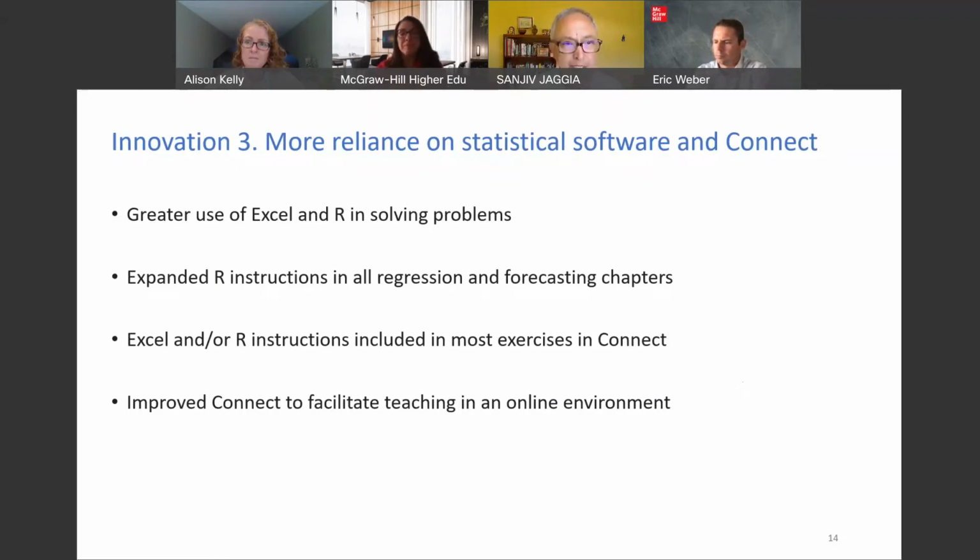So, greater use of Excel and R in solving problems. I'll do some examples with that. And expanded R instructions in all chapters, and in the regression and forecasting chapters. And then we take all those instructions even into Connect, which we think makes a better Connect product. Next slide, please.